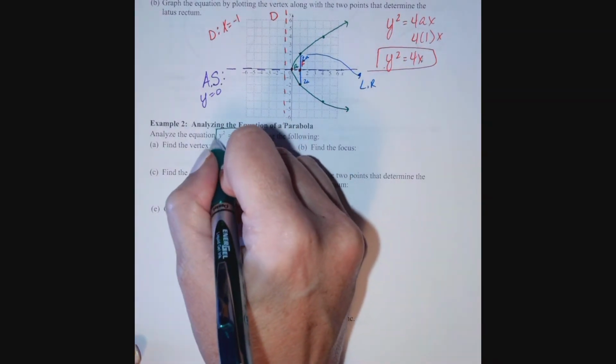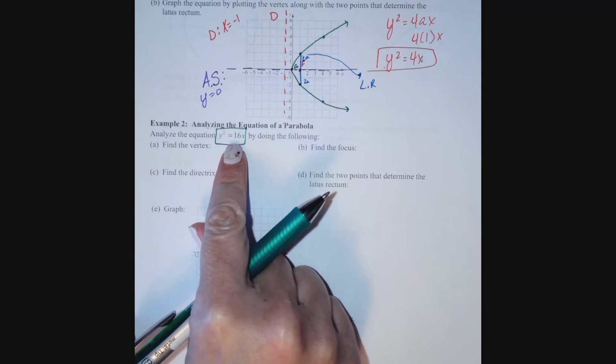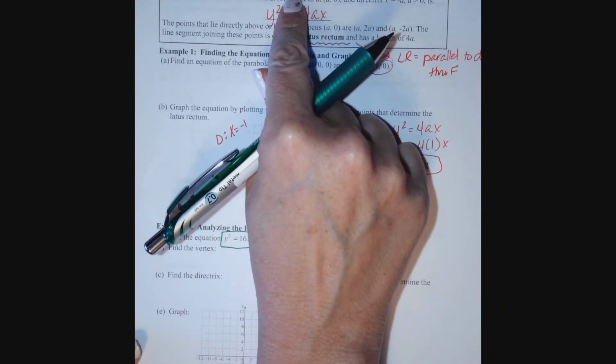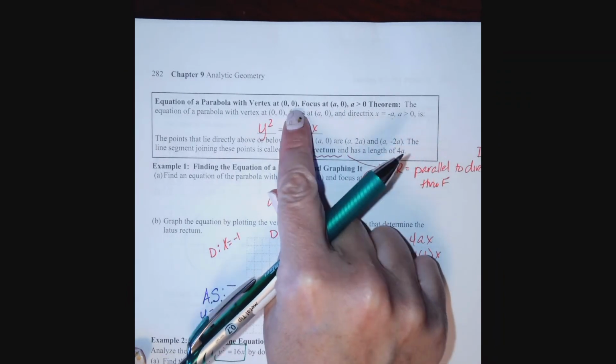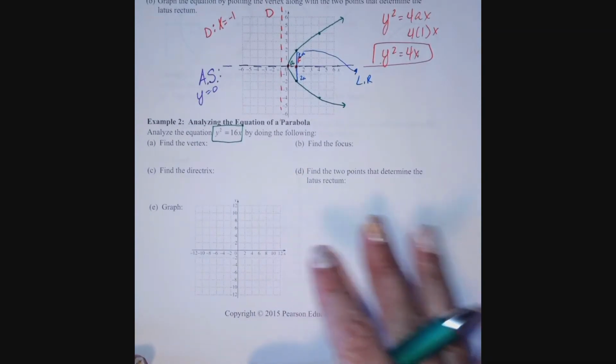The form we have of our equation, y squared equals 16x, is my equation for a parabola with a vertex at 0, 0 and a focus at a, 0. Based on the form of my equation, we know that we have a parabola that opens to the right.